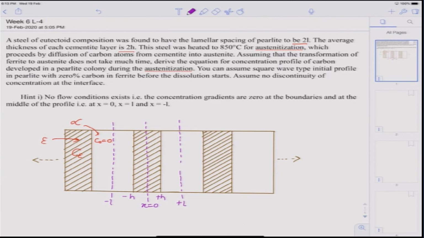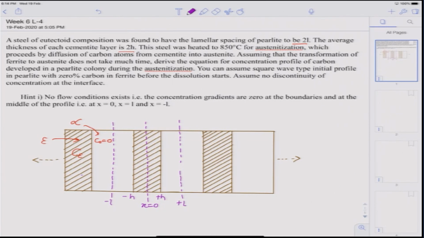Now, this problem is a little bit simplified here, because this is actually a multi-phase diffusion problem. We have cementite and ferrite, two different phases. Obviously, it is given that the ferrite quickly transforms to austenite as soon as the steel is heated to the 850 degree centigrade temperature. So, we are dealing with austenite and cementite, and since the equilibrium concentrations of cementite and austenite are different, we expect that there should be a discontinuity at the interface between cementite and austenite.